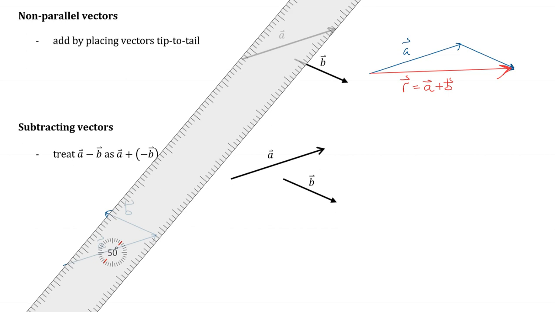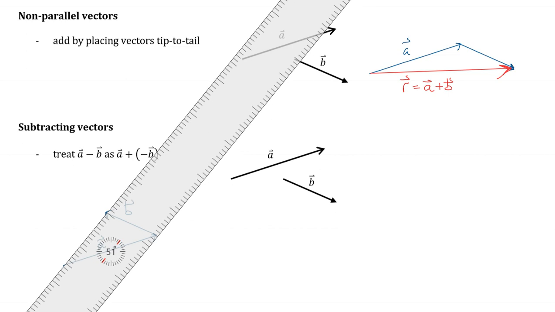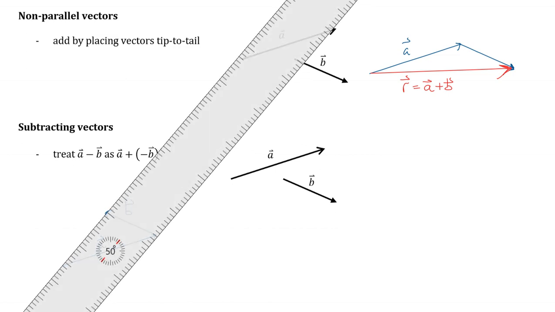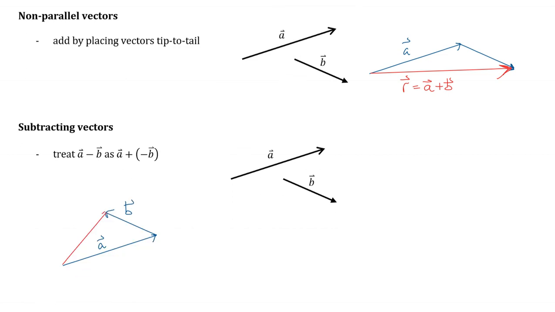And in this case, my resultant vector, if I can get this lined up, that looks all right, is very different. So A minus B, or A plus negative B. I used B with the same magnitude but the opposite direction.